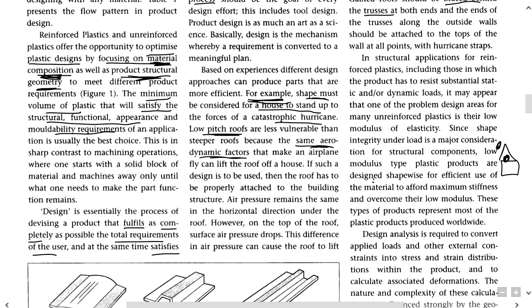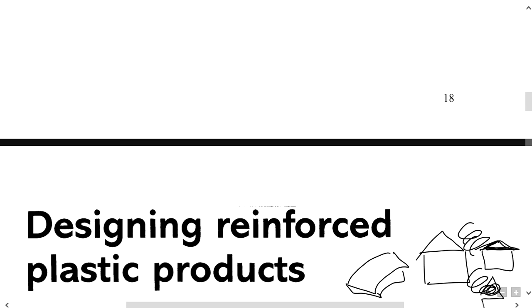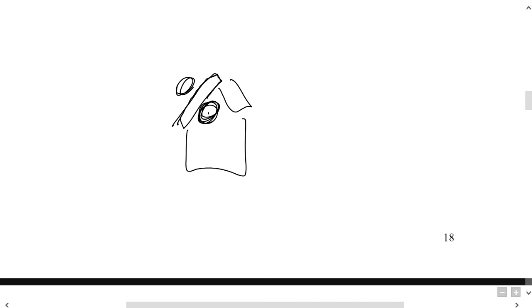I forget which one is lower and which one is higher, but if it's lower or higher pressure, the roof will actually lift off. In other words, with this type of roof, I think over here is a higher pressure, and over here is a lower pressure. With this combination, this piece will actually fly out.